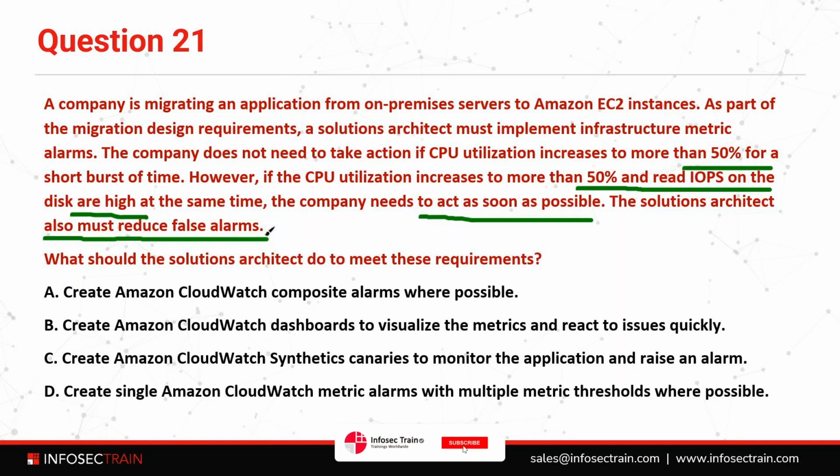False alarm means an alarm that is triggered, and when you investigate it, you get to know that this alarm is completely false, meaning that this event never took place. Let's suppose, for example, you get an alert stating that Amit, your system has been compromised. You wake up in the middle of the night, open your system, do the investigation, and you get to know that this is completely a false alarm.